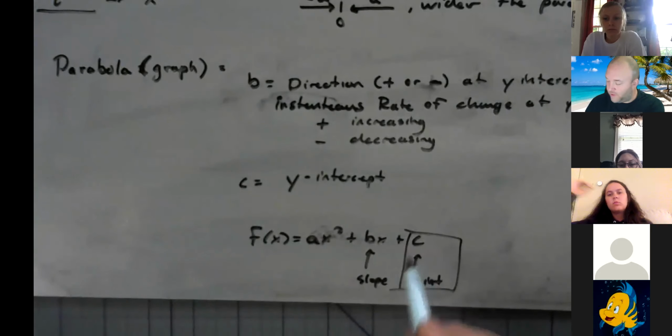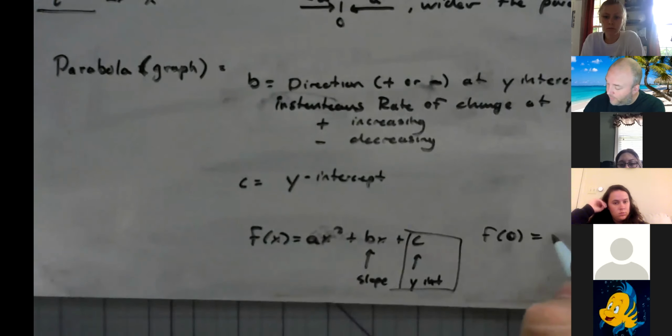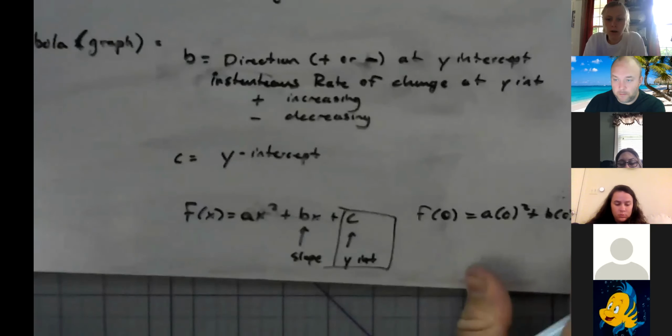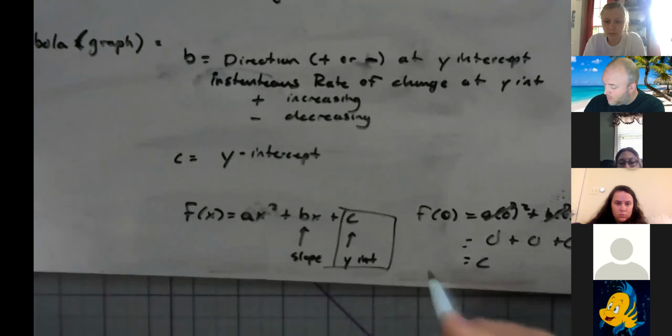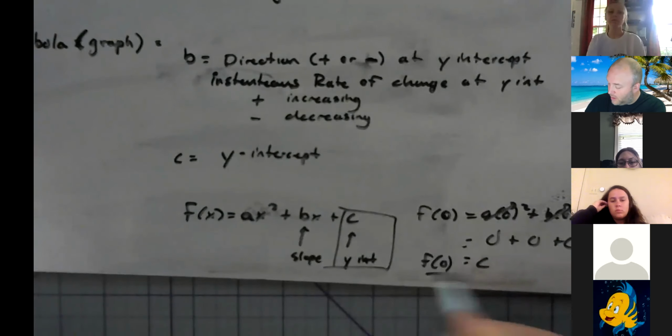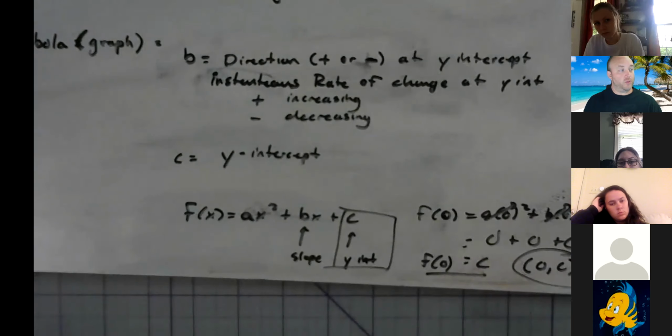So if x was equal to 0, just like in our linear functions, this goes to 0, this goes to 0, so 0 plus 0 plus c, f of 0 equals c. So my ordered pair would be 0, c, y-intercept. So the rules at which we find that y-intercept also haven't changed. It's when x is equal to 0.